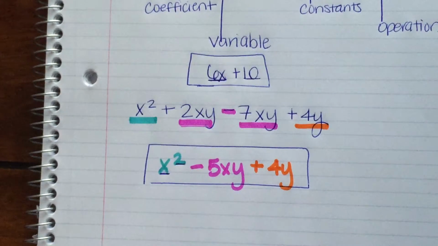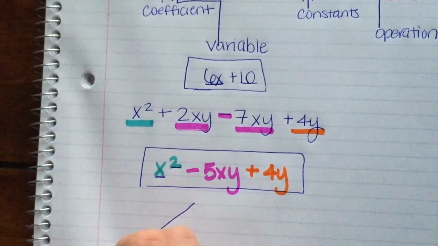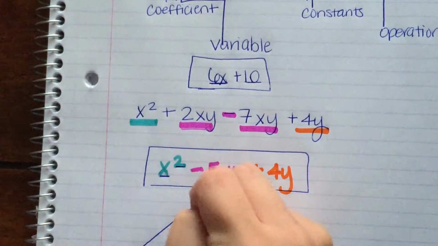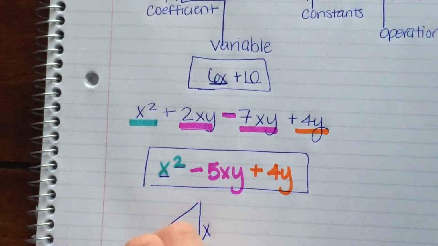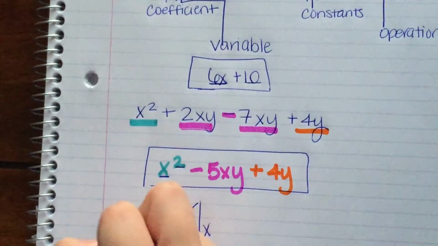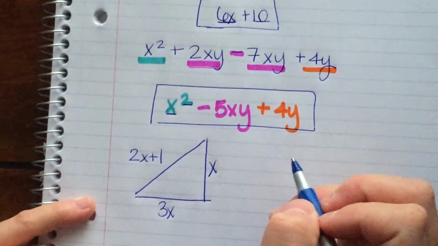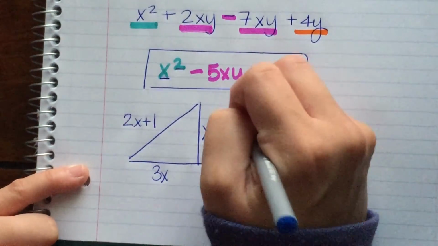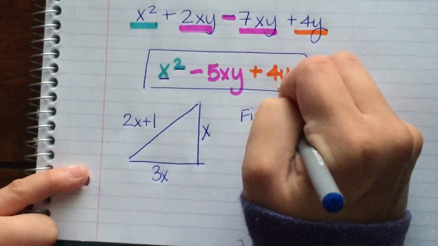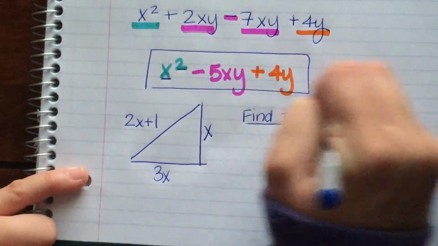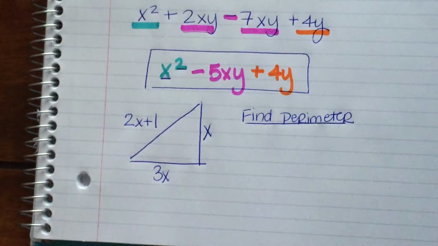Here's one more challenge problem. If I give you a shape like a triangle, this is x, this is 3x, and this is 2x plus 1, I want you to be able to find the perimeter. Now there's a few steps to this problem.